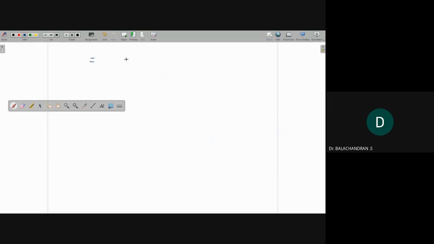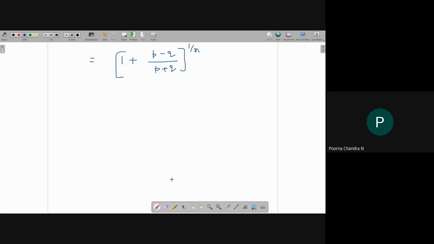That is equal to 1 plus p minus q divided by p plus q, whole power 1 by n. What is the denominator? 1 minus, sir. Yeah, 1 minus p minus q divided by p plus q, whole power 1 by n.